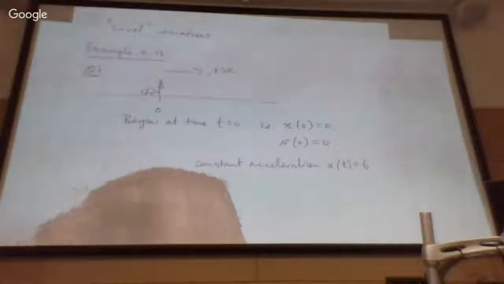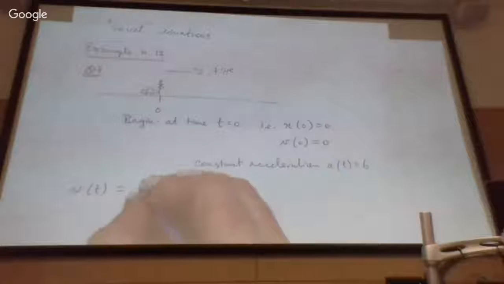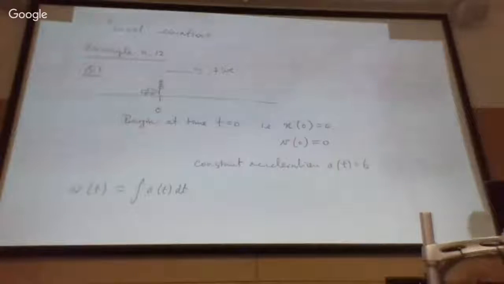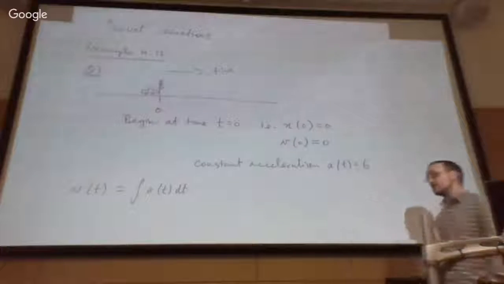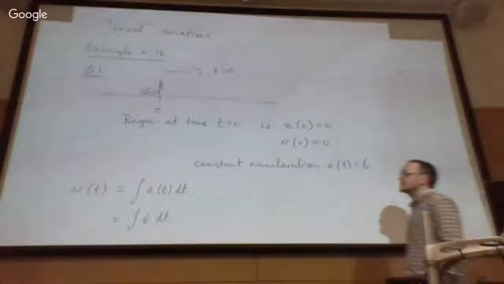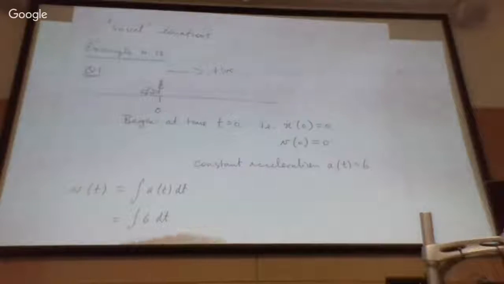Well, if we want to know its velocity at 4 seconds, we need to know the function v of t. The function v of t is defined as the integral of acceleration. This is just the integral of the constant function 6. So v of t as a function is equal to 6t plus c.